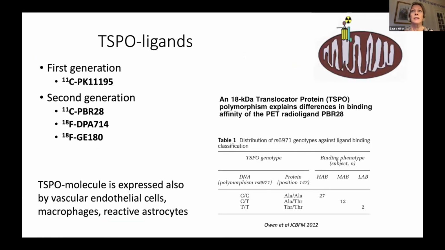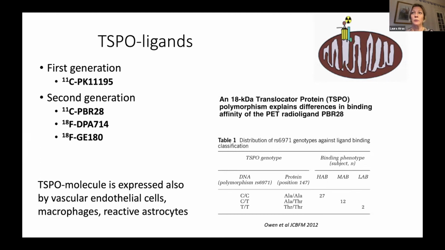So the new ligands also have their problems, such as the variation in binding potential between individuals due to polymorphisms in the TSPO gene. And TSPO imaging is far from clean, also in a sense that other cell types apart from microglia express the TSPO molecules, such as endothelial cells, macrophages, and reactive astrocytes.